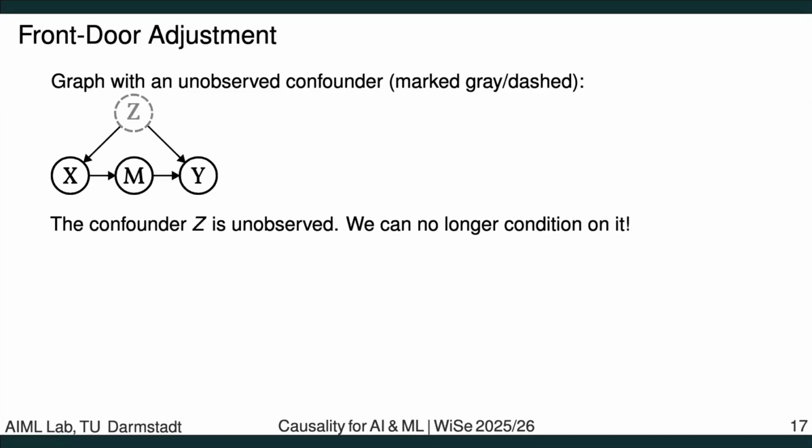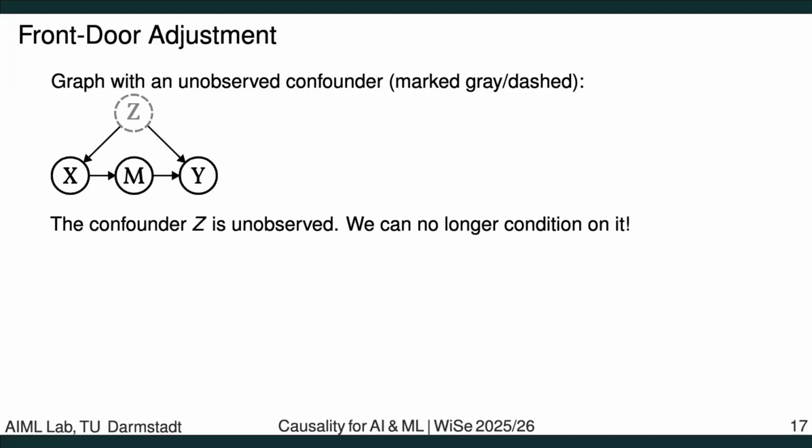Particularly if we don't have the data and the confounder is unobserved, so maybe we know it's a confounder but we can't adjust for it because we have no data, then we can try to apply the front door criterion.